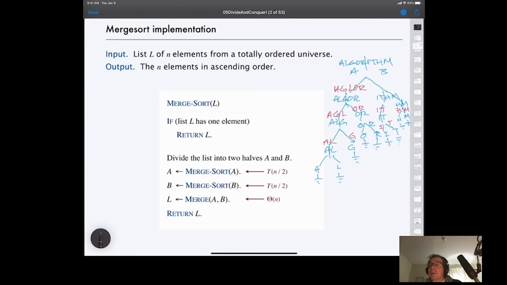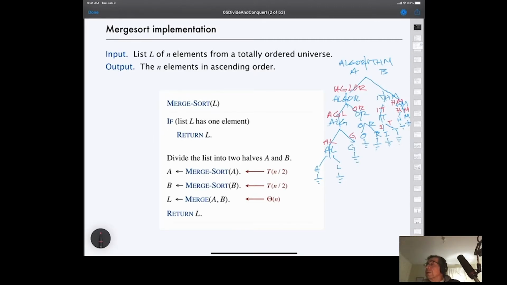And then we would reach the point right after the 2 recursive calls. So we are ready to merge, and we merge H and M. And since H occurs before M, that's what we would return, H and M.